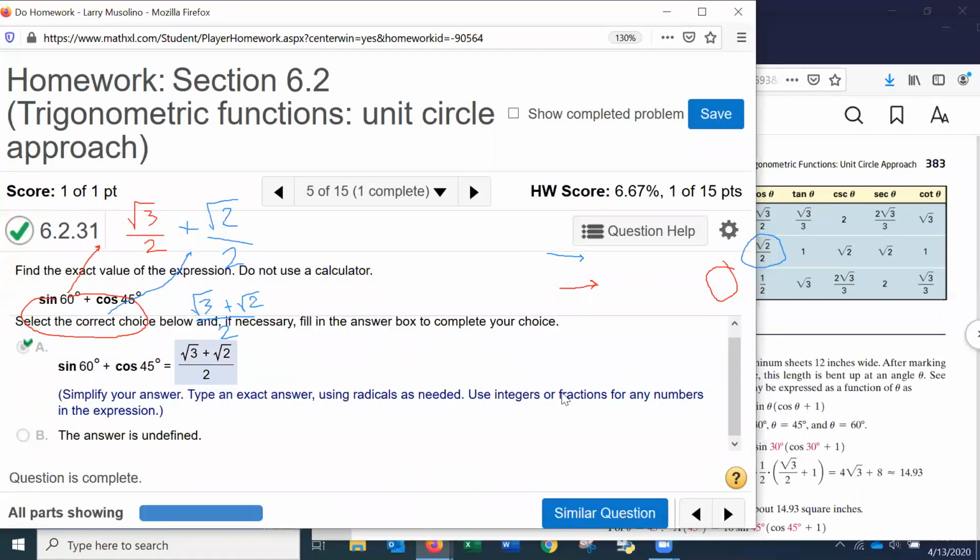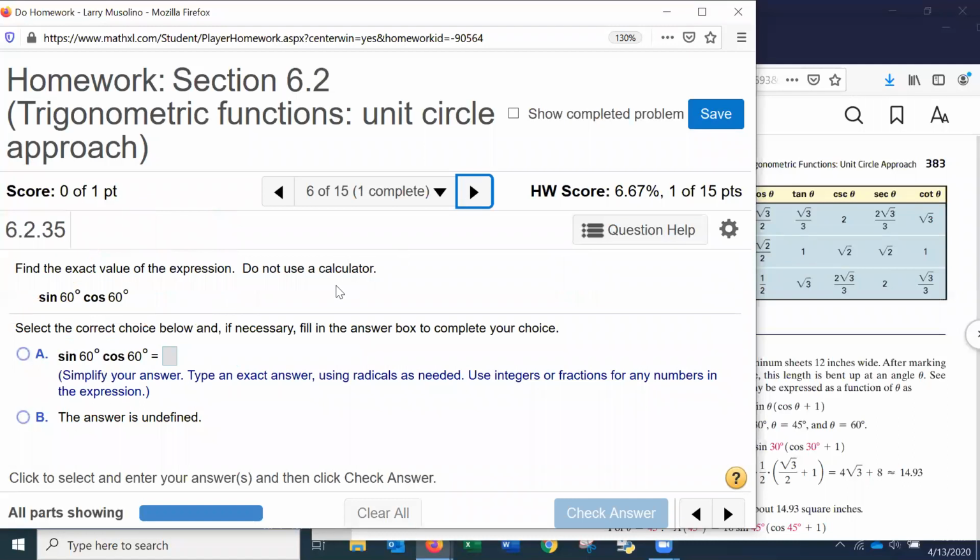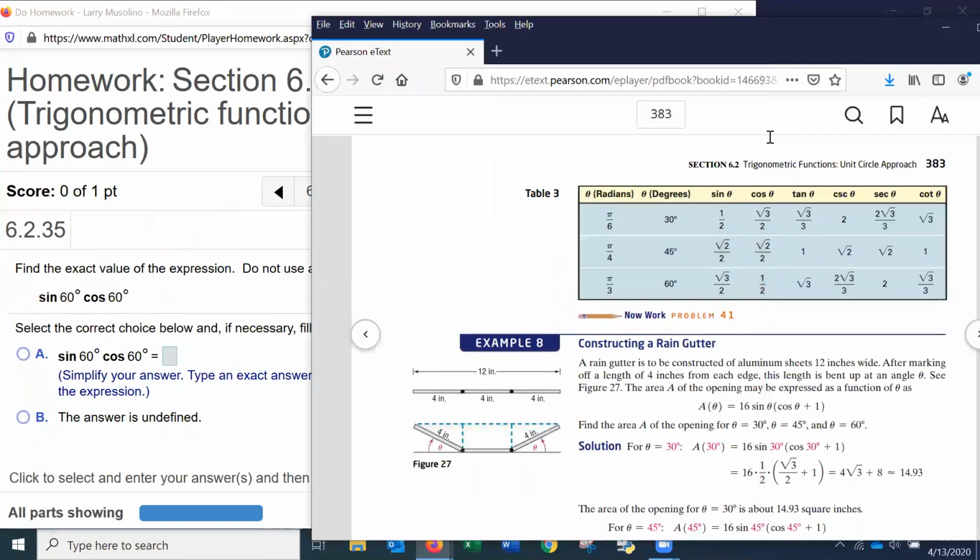All right, let's do another example like this. Go to the next problem. All right, this one says sine 60 times cosine 60. Let me go to my table here for a little help. So 60 degrees is the bottom row in this table. So here's the row for 60.